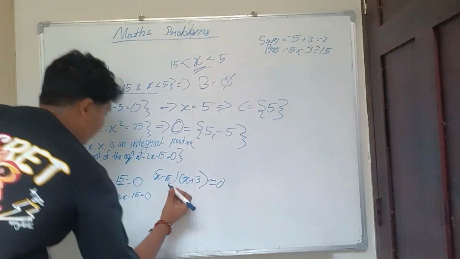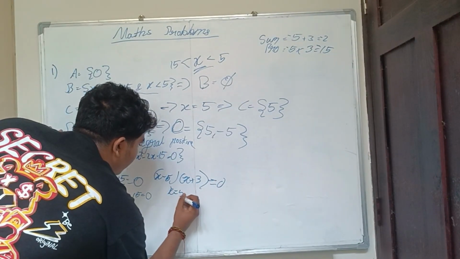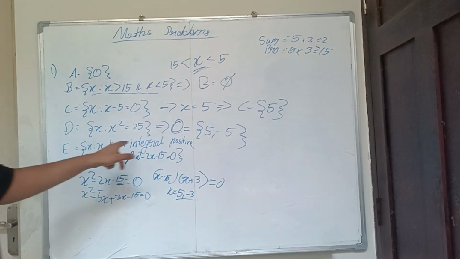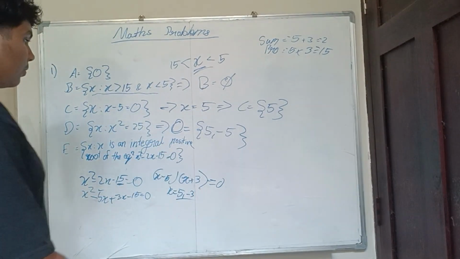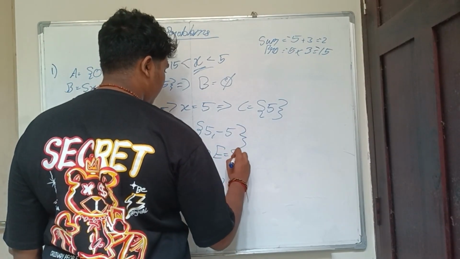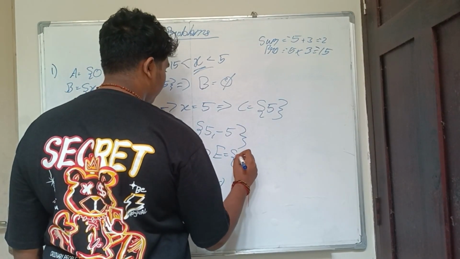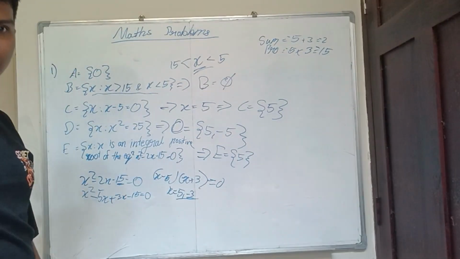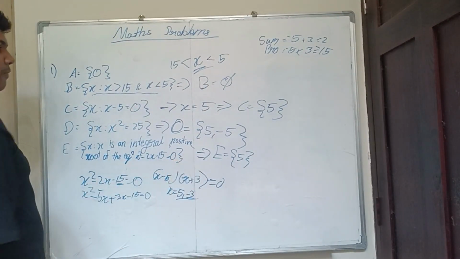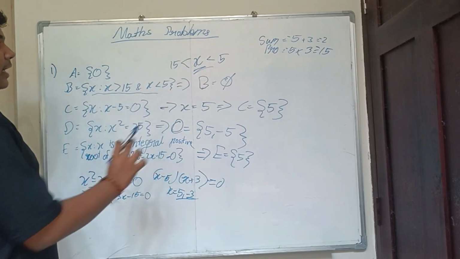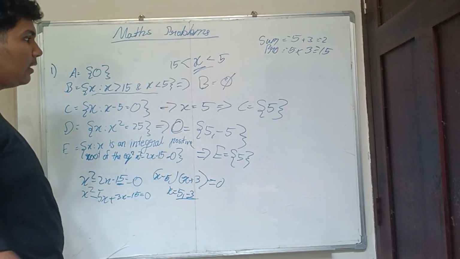So x is equal to 5 and minus 3. But they said only the positive root, right? So E is equal to the set {5}. Minus 3 will not be counted as it is negative. Hence {5}. Now since we have the roster forms, try to find which of them are equal.